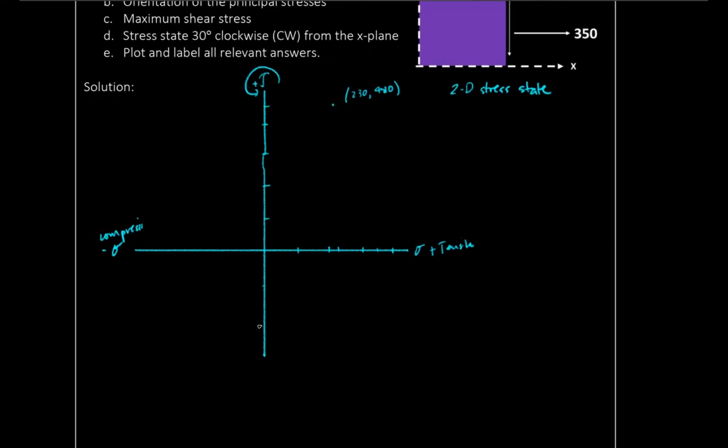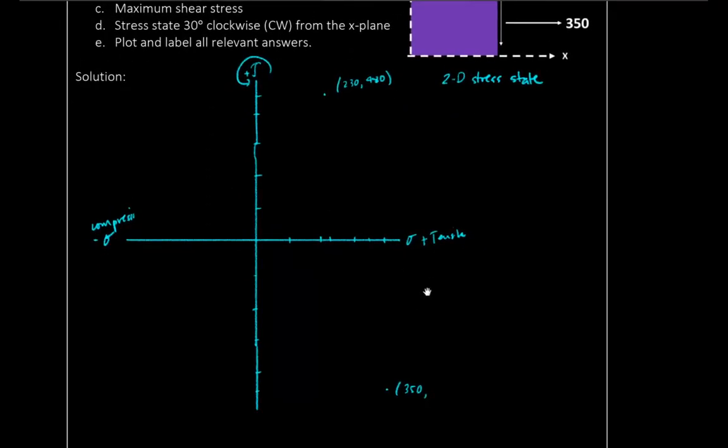It's okay if it's not that accurate here, because eventually we will just use calculators so that we can get an accurate answer. So we have 1, 2, 3, 4, 480 is somewhere here. So this is 350, and we have 480.